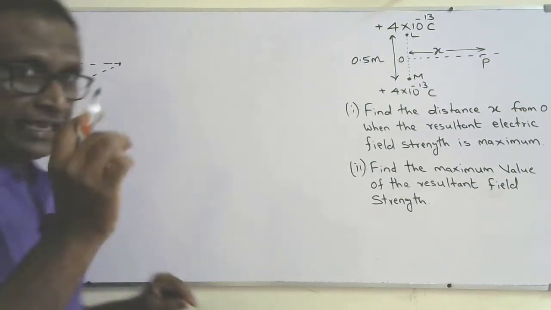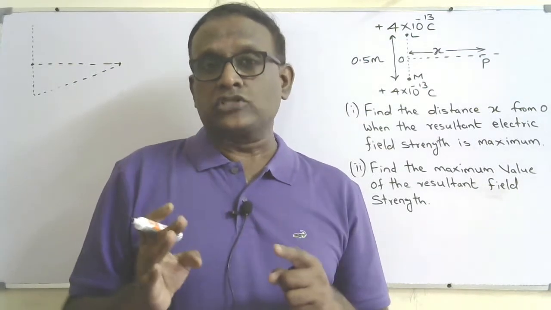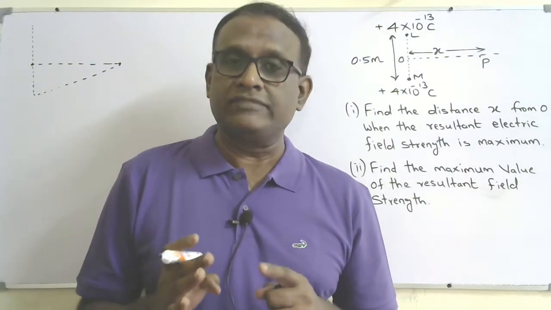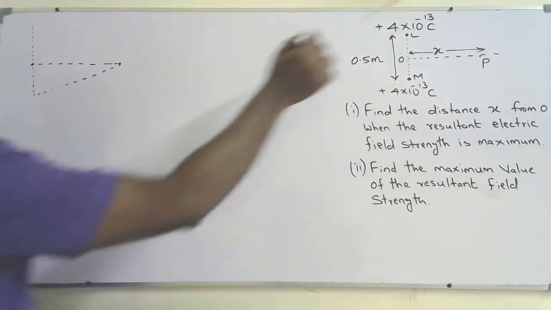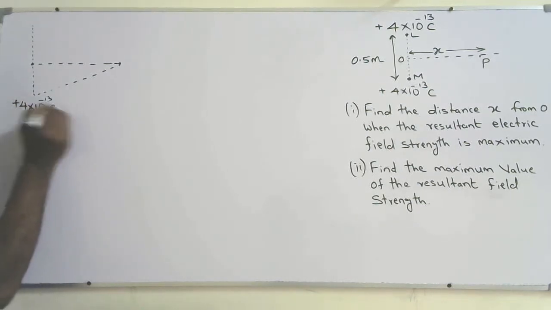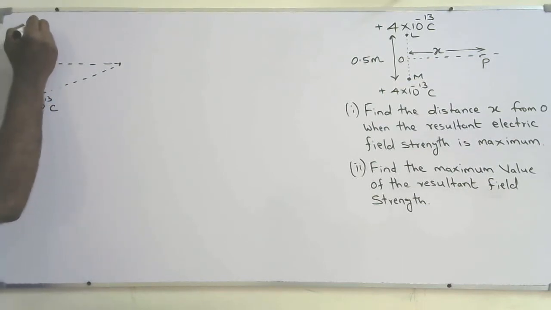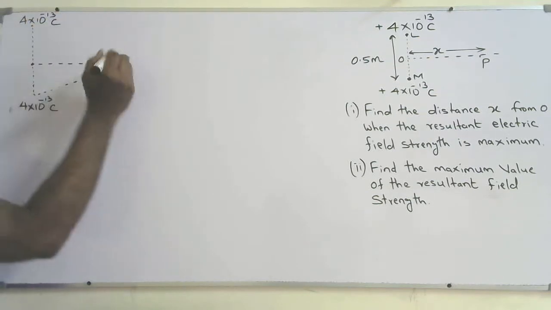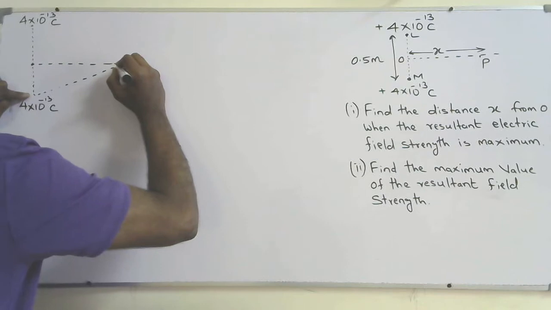We assume we keep a positive test charge at that point, and the direction of the electrostatic force acting on the positive test charge indicates the direction of the electric field strength. These two charges are positive, plus 4 times 10 to the power minus 13 coulomb each. So the electric field strength due to this charge at this point will be along this direction.